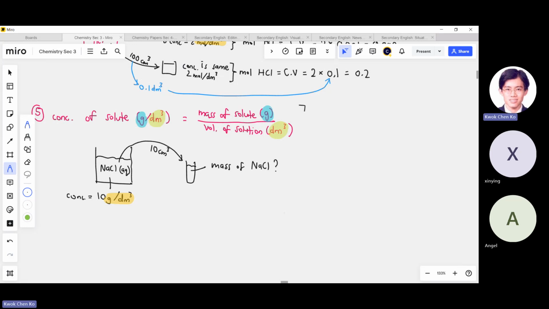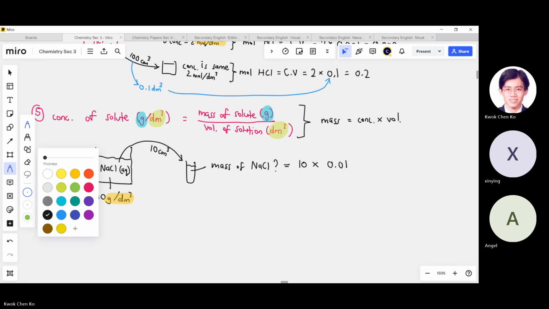Now, same thing. I can rearrange this formula as equals to concentration times volume. So I apply this formula here. For sodium chloride, concentration is 10. Volume 0.01.